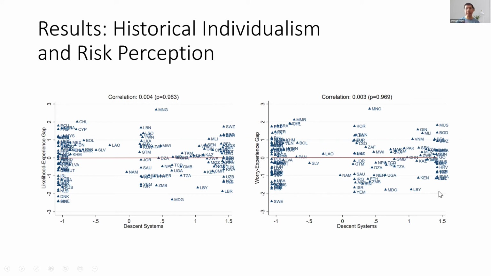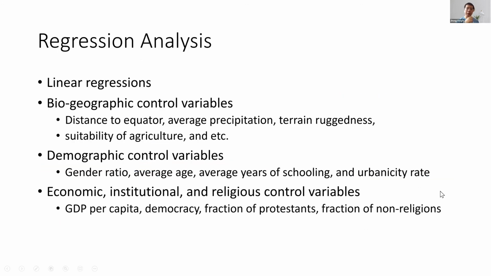But this is just a scatter plot without controlling for anything. So we consider running a simple regression analysis and controlling for some variables. Here we consider three classes of control variables. The first one is biogeographic controls, for example, distance to the equator, average precipitation rate, etc. The second group is the demographic control variables.